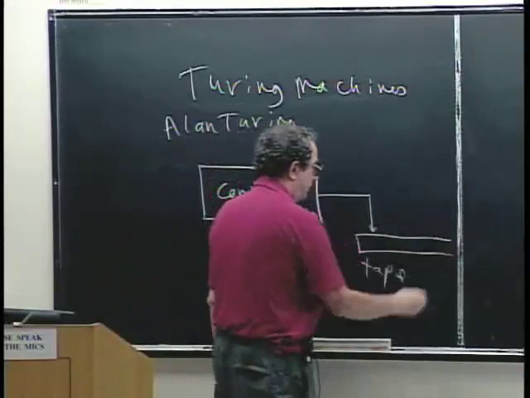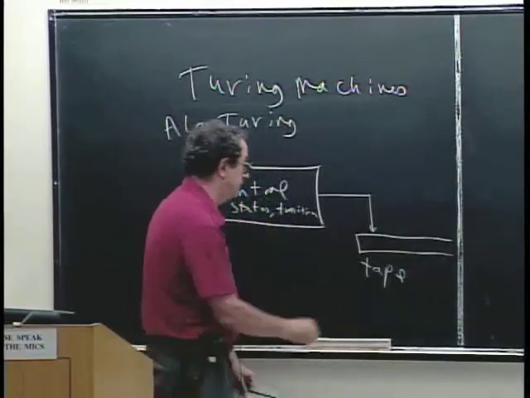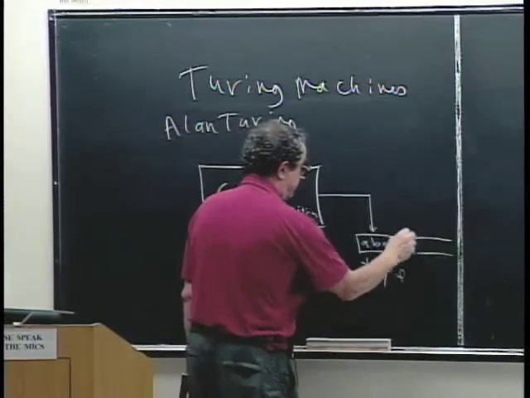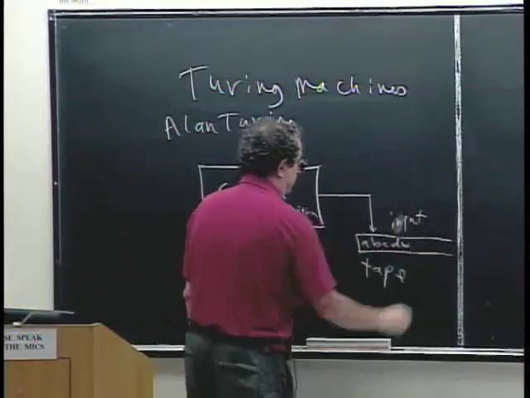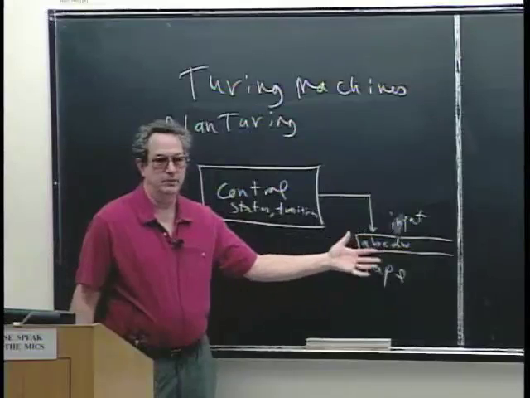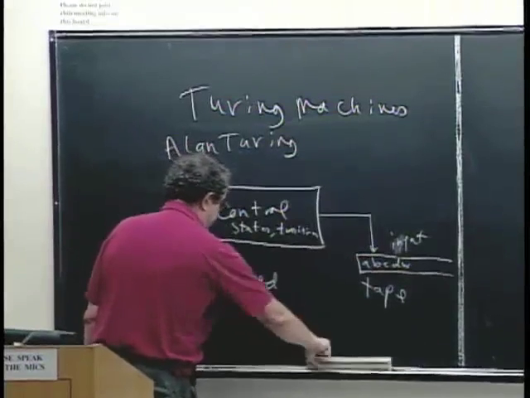And it's the tape where initially the input is written. So A, B, C, D, whatever. That's the input. But the Turing machine can also write onto the tape. So it's a read-write tape.